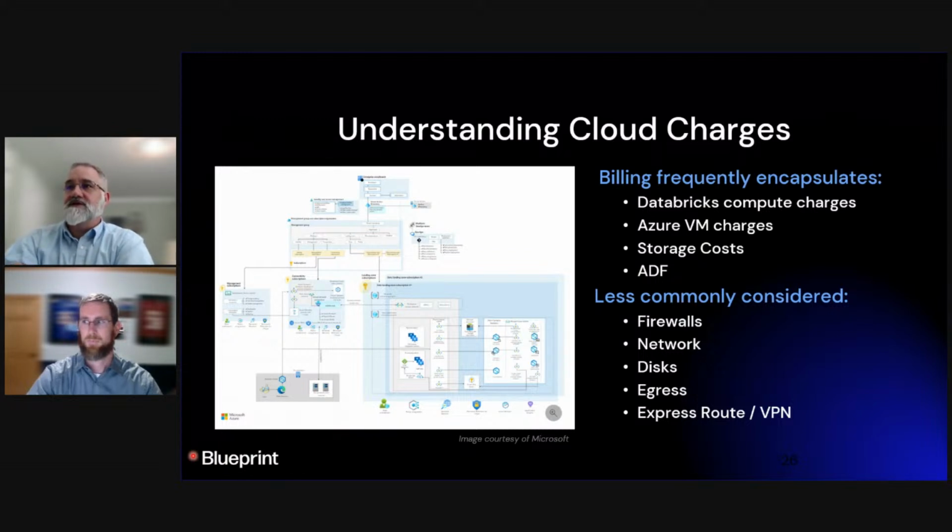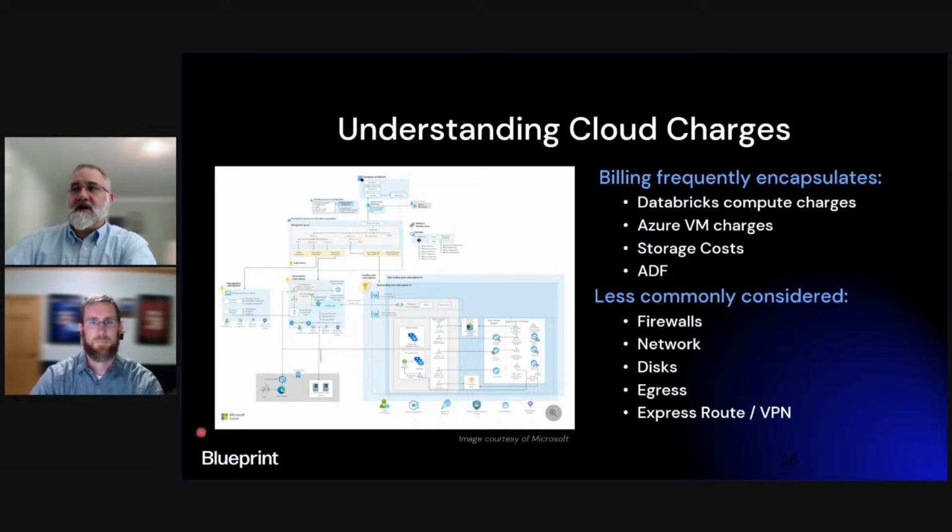Frequently, we see clients underestimate all the components involved in getting a cloud solution to work in production in particular. These complexities can affect the cost for that total solution. The image you see here is a generic Azure diagram of all the network complexities that go into standing up a Databricks solution.